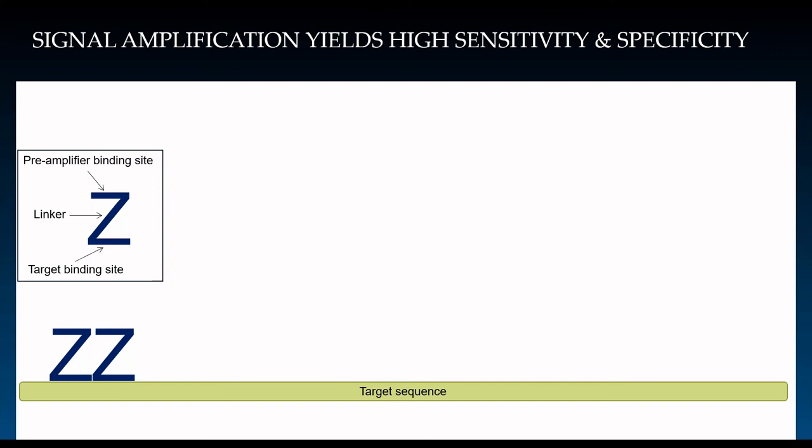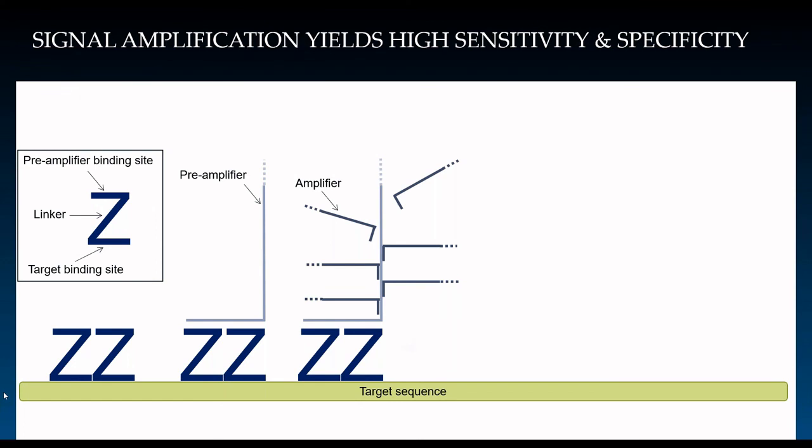As depicted on the screen, we design our probes as pooled probes of approximately 20 ZZ pairs, by which I mean 2 Z probes have to bind in tandem onto your target transcript of interest for the signal amplification tree to form. The Z probes form a foundation for binding the pre-amplifier onto the double Z pair, after which we have the amplifier molecules bind onto the preamplifier.